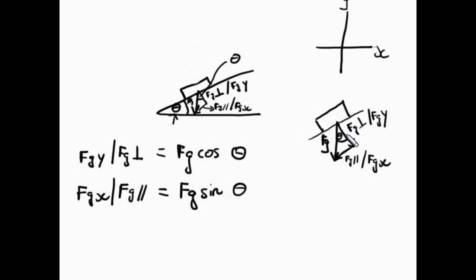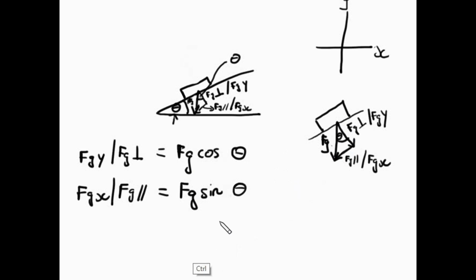So Fg perpendicular, or Fgy, is calculated by taking the gravitational force times cos theta, because cos theta is adjacent over hypotenuse.